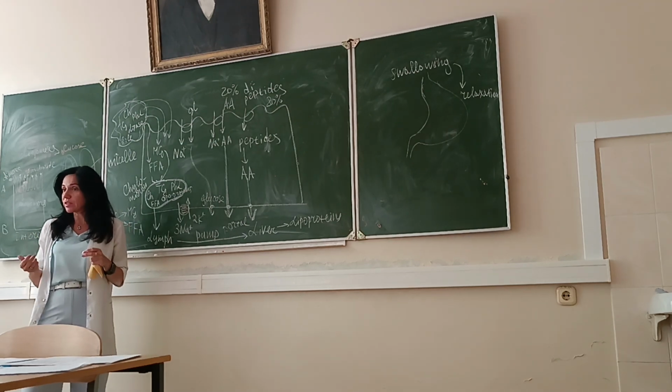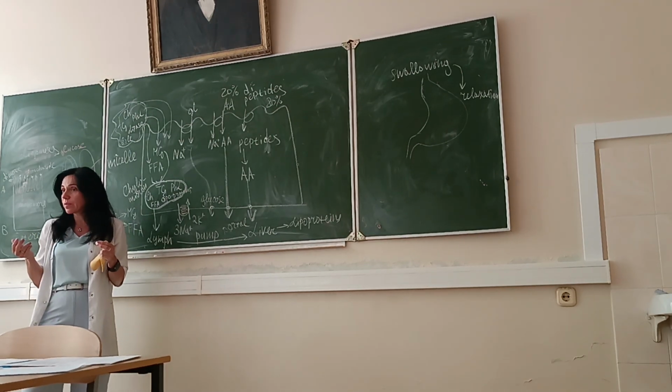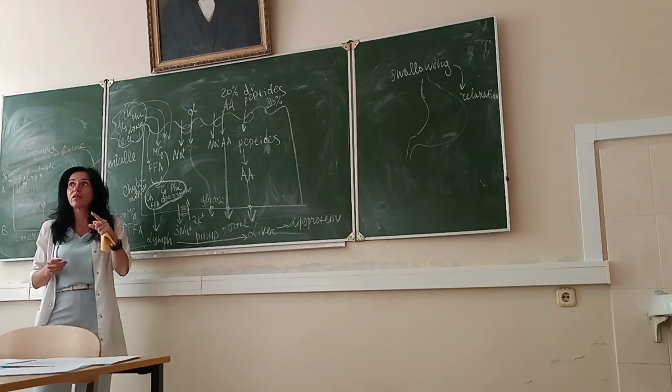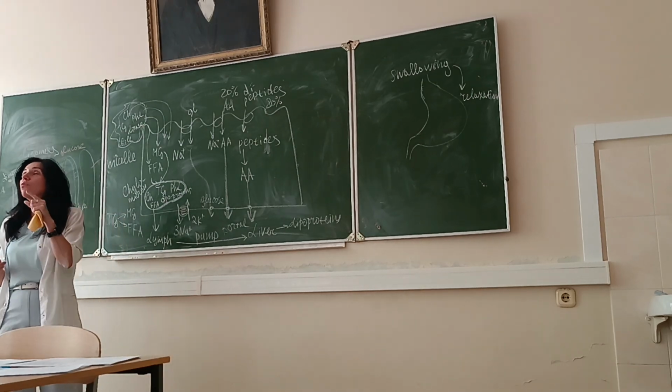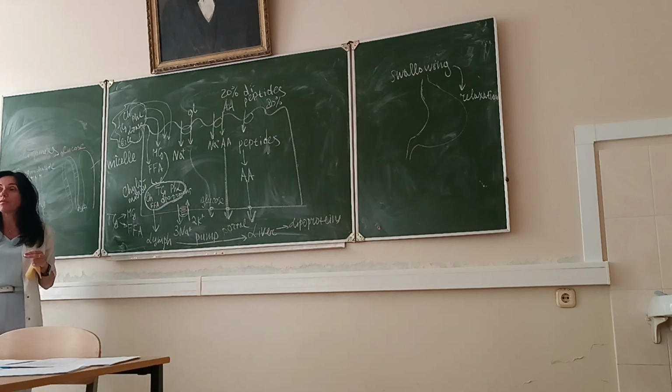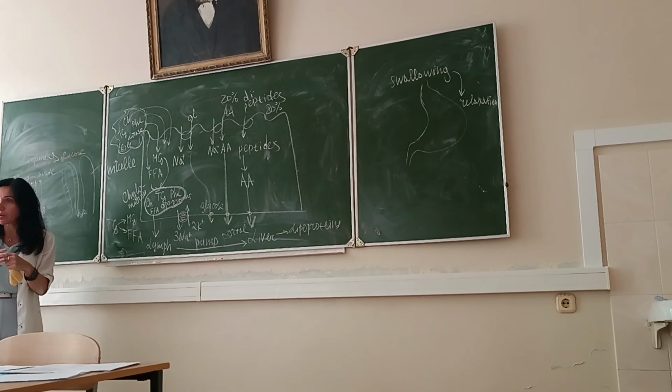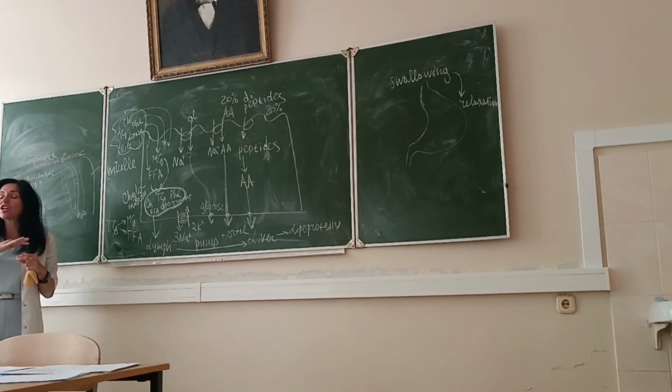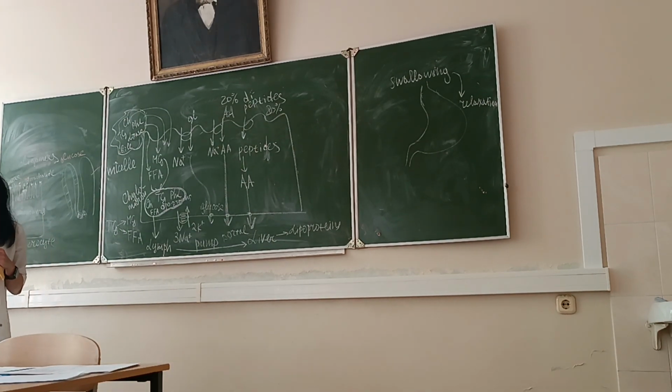Invisible activity, you can't see it. You can watch an animation in my video lecture of what happens in the stomach between meals and during meals. Between meals, just tonic activity.